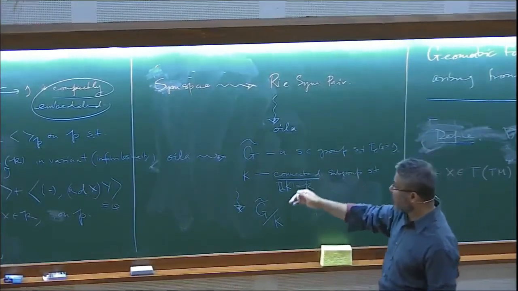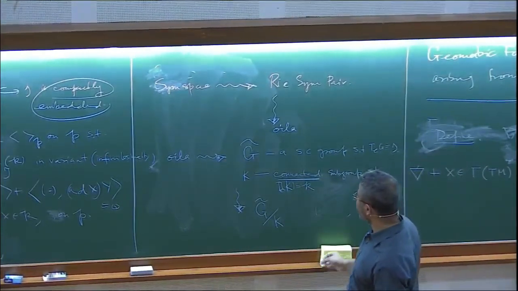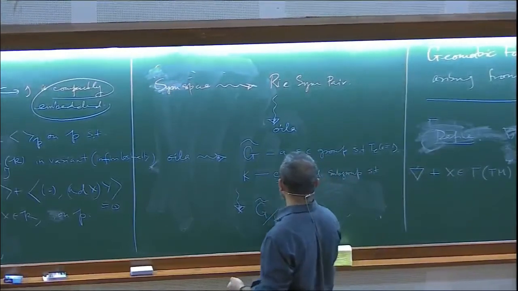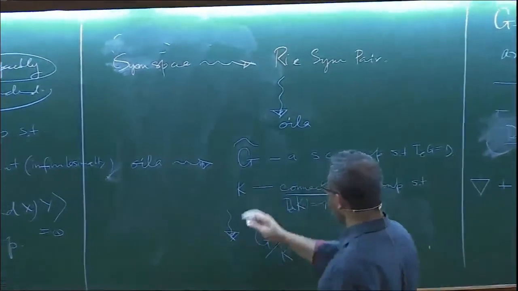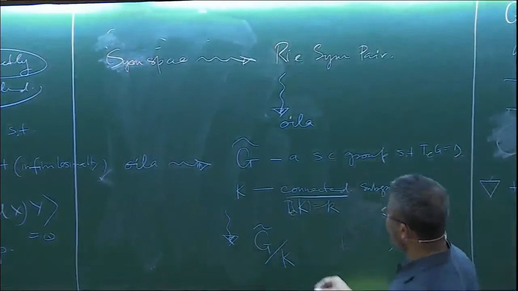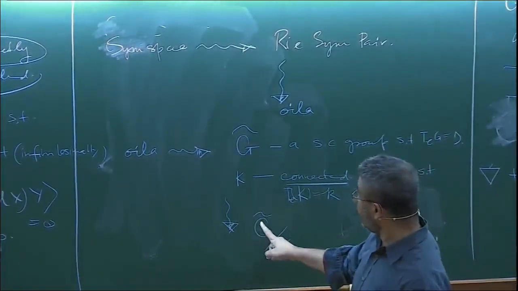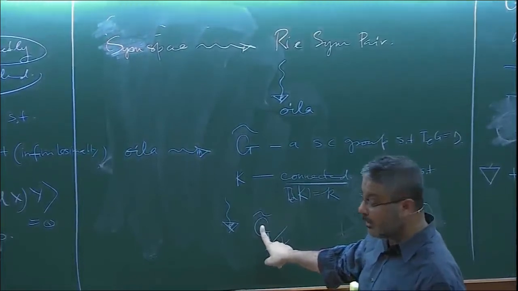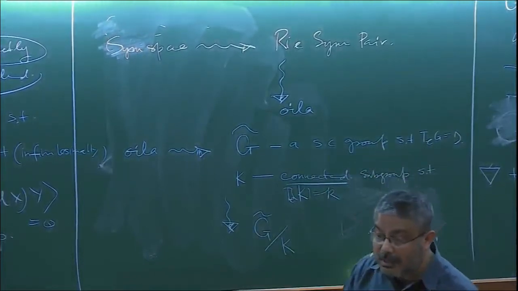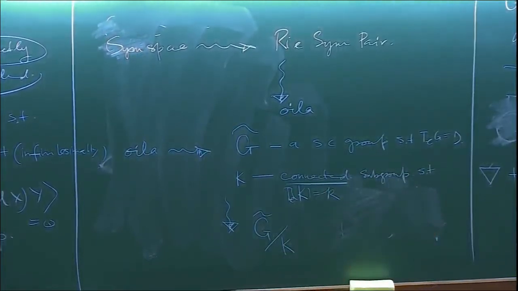All these things will automatically be satisfied. So I construct a Riemannian symmetric pair, consider the corresponding symmetric space, and this symmetric space is going to be simply connected, because the group is simply connected and I'm modding out by a connected subgroup. When I mod out a simply connected group by a closed connected subgroup, the quotient is simply connected.